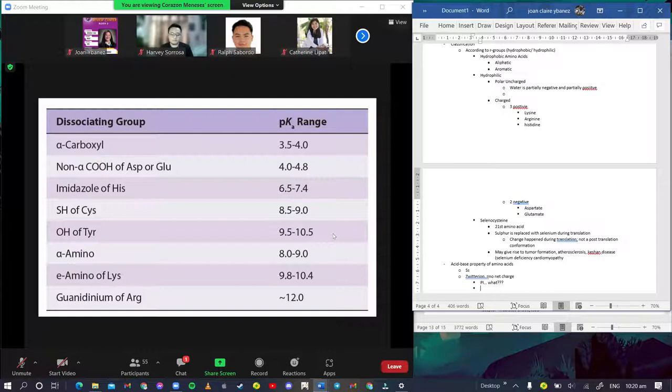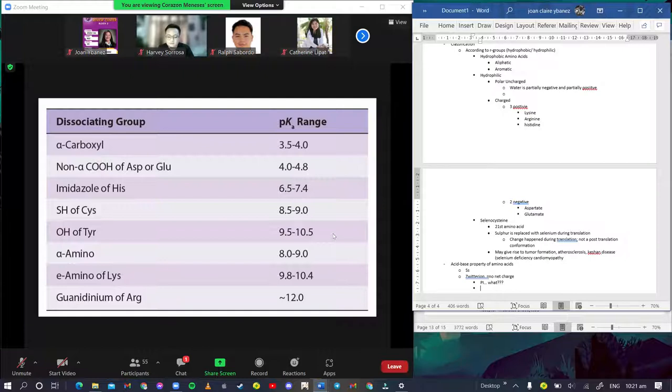It is telling us that the pK of the imidazole of histidine is very near the pH, so it can act as an acid and it can act as a base. So it is a good buffer. Get it?